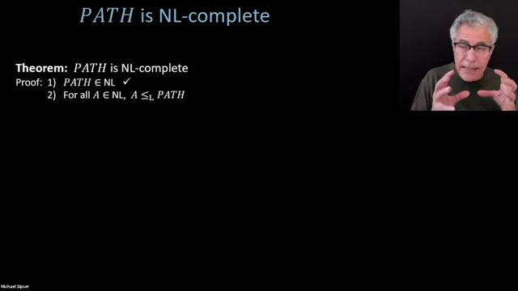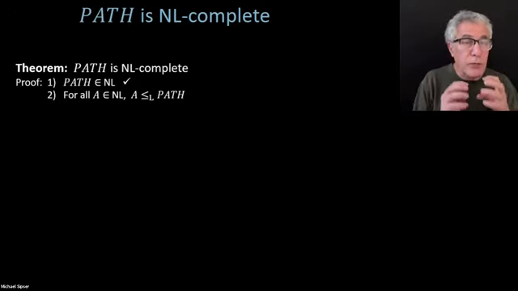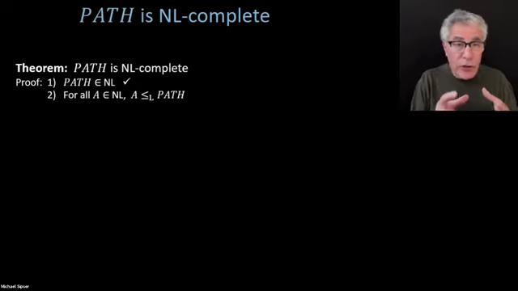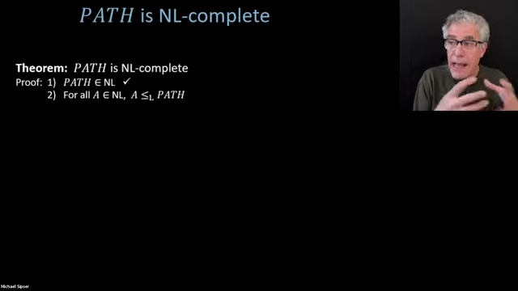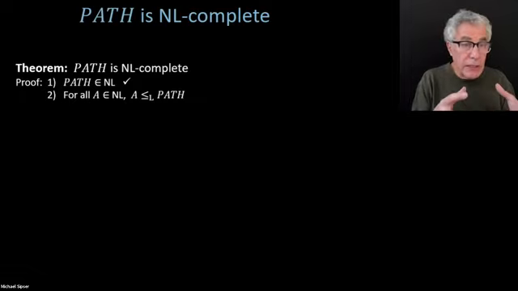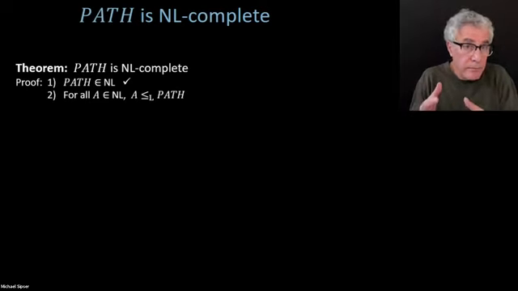In a certain sense, this may not feel so surprising, thinking back to our proof that NL is a subset of P, because we managed to convert the running of any NL machine to a path problem that the polynomial time machine then solved.